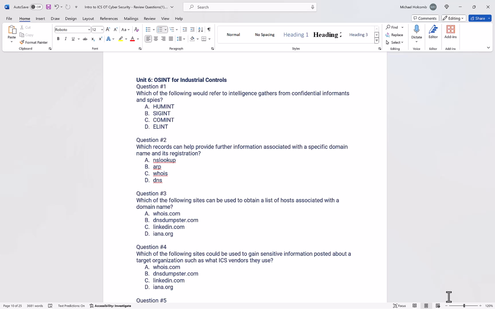So a lot of times LinkedIn doesn't get thought of as an open source intelligence gathering platform, but you can go to LinkedIn and put in a target company. You can find the employees in those targeted companies, and then you can look based off of position, maybe look for like ICS OT engineer. Sometimes you'll see ICS OT cybersecurity engineer.